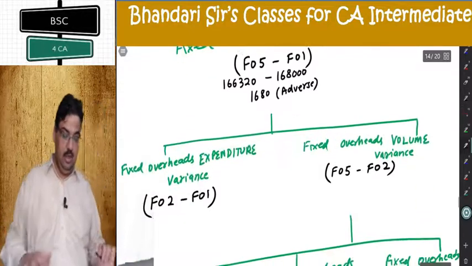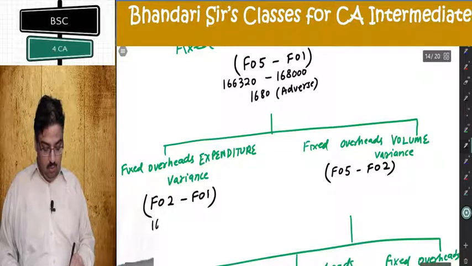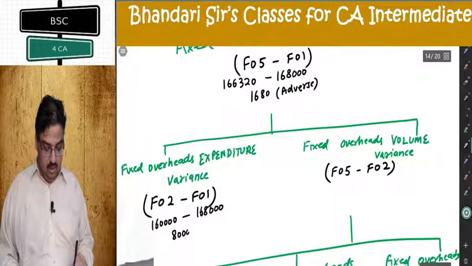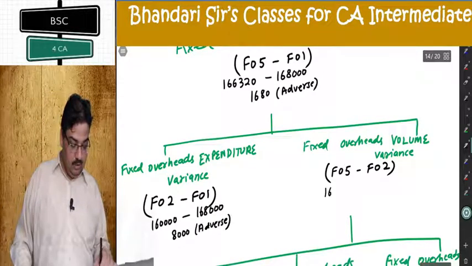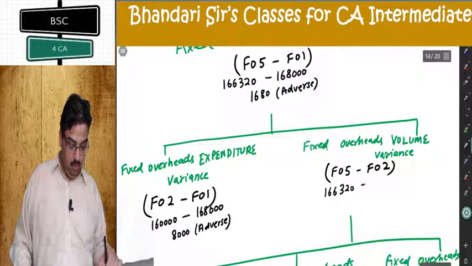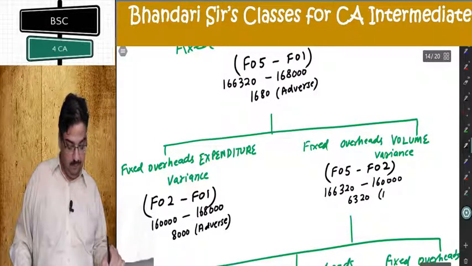Then expenditure variance FO2 minus FO1: 1,60,000 minus 1,68,000, 8,000 adverse. FO5, 166,320 minus 1,60,000, 6,320 favorable.